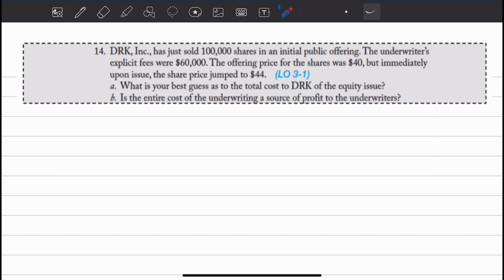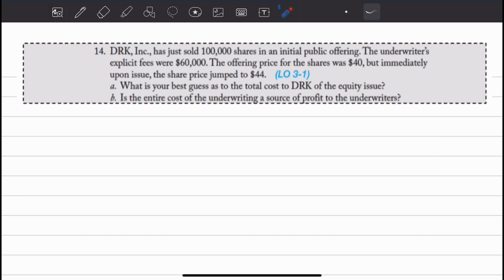Now here, the IPO cost includes two components, the explicit cost and the implicit cost, right? The explicit cost is already given to us to be $60,000. So this is the amount that DRK has paid to the underwriters, the financial institution that is overseeing and performing the IPO.